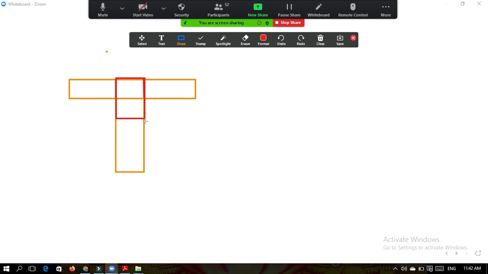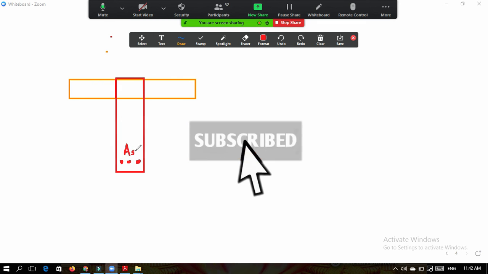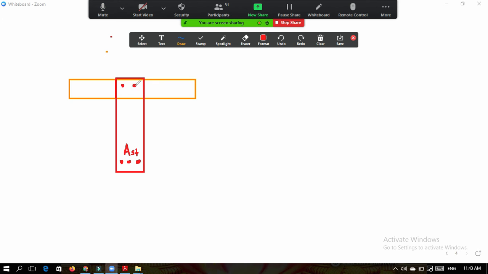If you see, this will act as a single section, and we know that. Now the reinforcement is provided at the bottom. Here is our regular reinforcement, let us call this AST, and here somewhere the additional reinforcement is there. This reinforcement is ASC. This will behave as a single section, and this is your flange section, that is the slab.